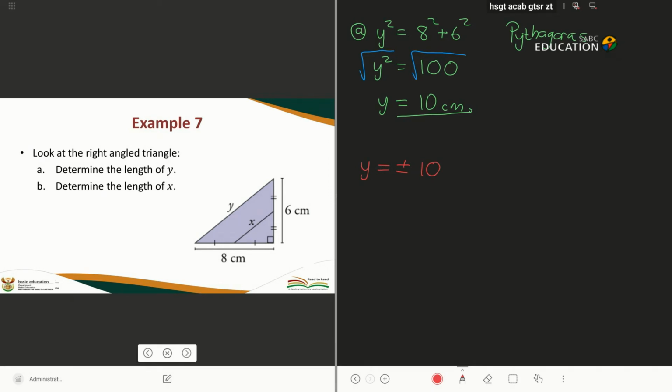Okay. Meaning that it shows position. All right. So if you have a Cartesian plane and I would use plus 10, it will be on the positive y-axis, and if I use minus 10, it would be in the negative axis. All right. Meaning that you might have had a triangle maybe that was in the third quadrant.